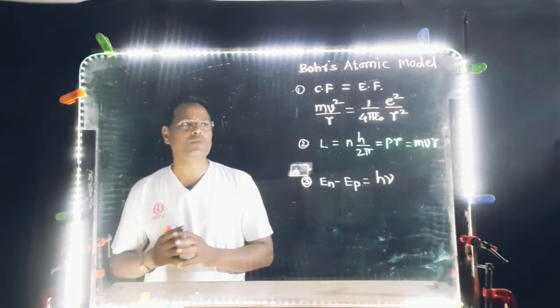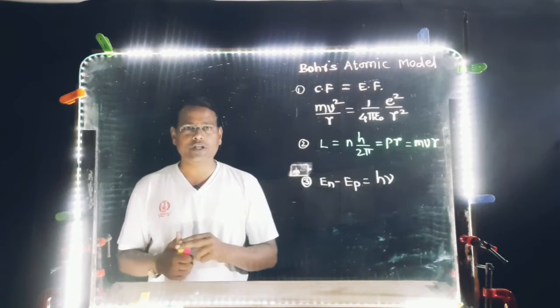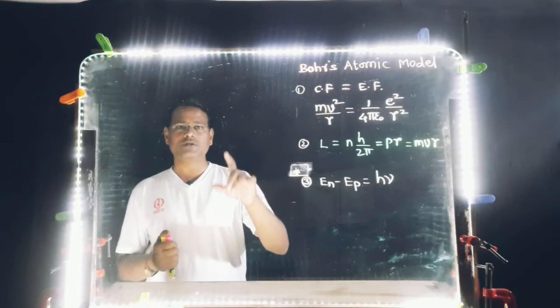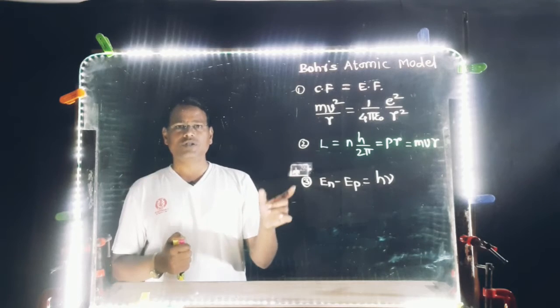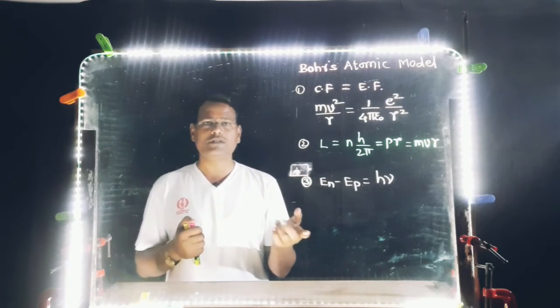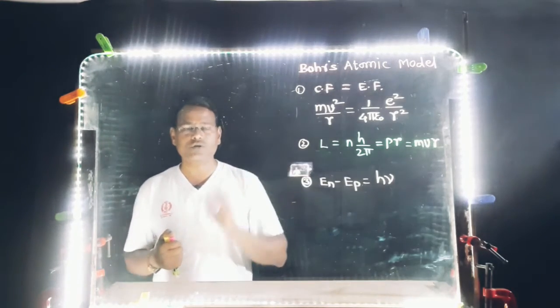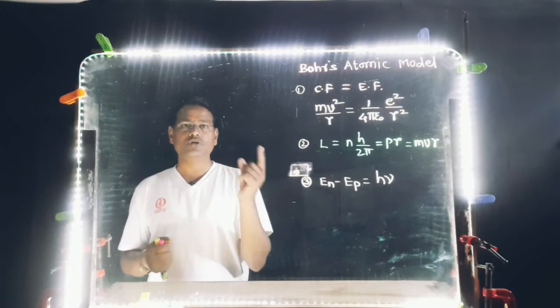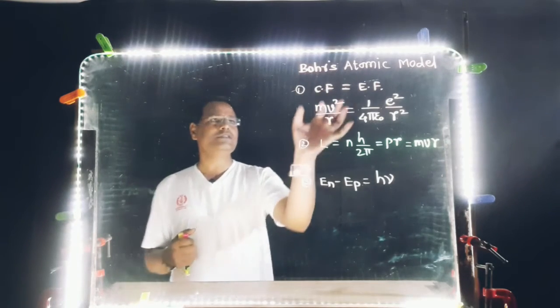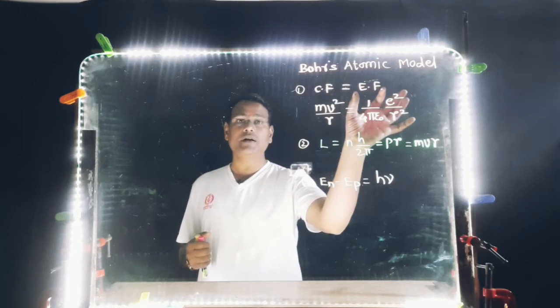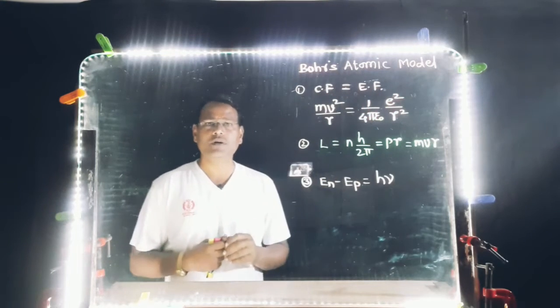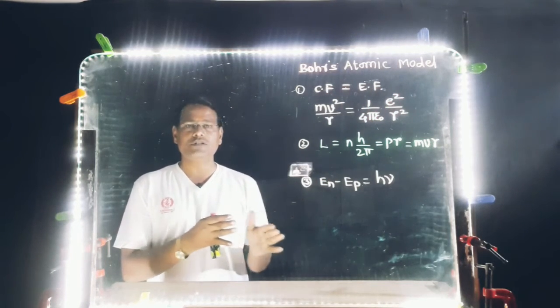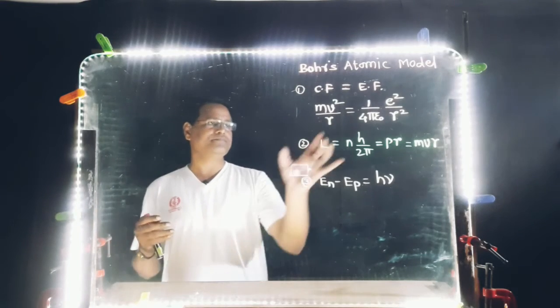So Bohr's atomic model, first postulate, theoretical part: an electron can revolve in a circular orbit around the nucleus in an atom, especially for the hydrogen atom. For circular motion of the electron around the nucleus, the necessary centripetal force is provided by the electrostatic force of attraction between the positively charged nucleus and the negatively charged electron.